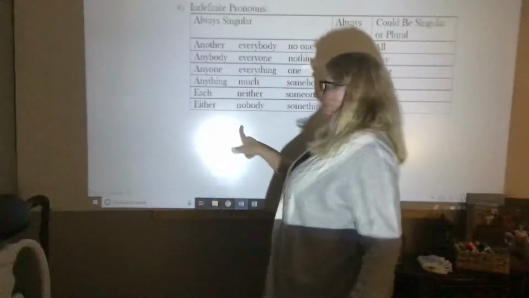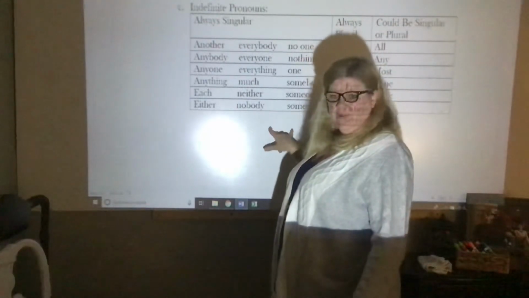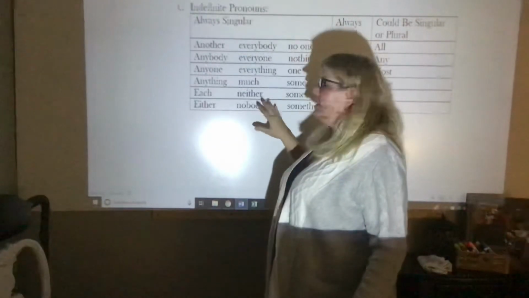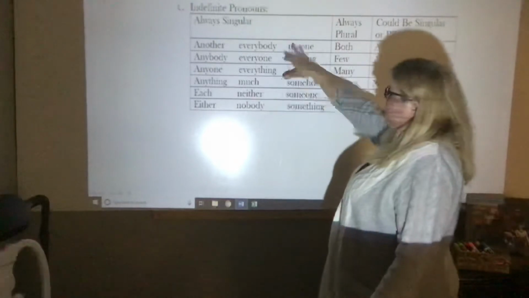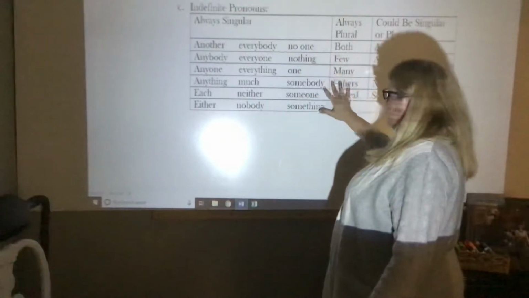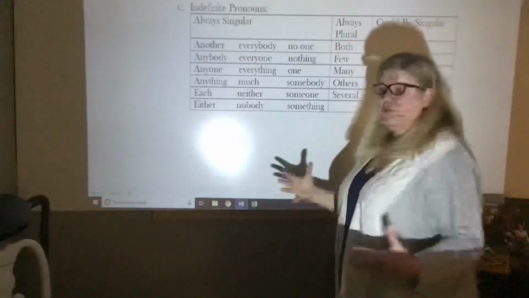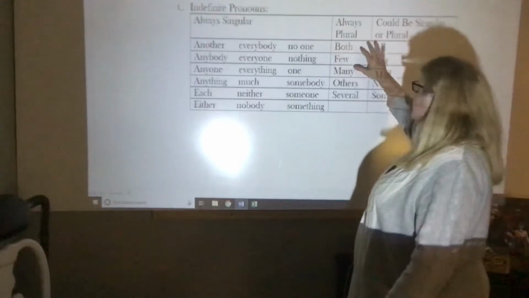Always singular. These pronouns are always singular every time you use them, so whatever verb you use should be a singular verb. Another, anybody, anyone, anything, each, either, everybody, everyone, everything, much, neither, nobody, no one, nothing, one, somebody, someone, something. Again, I'm going through these quickly because you have them in your Schoology.